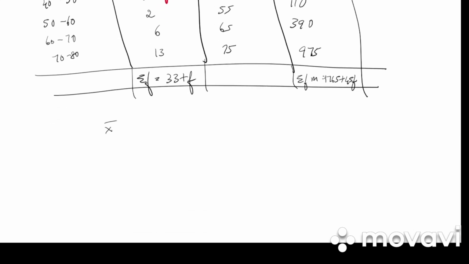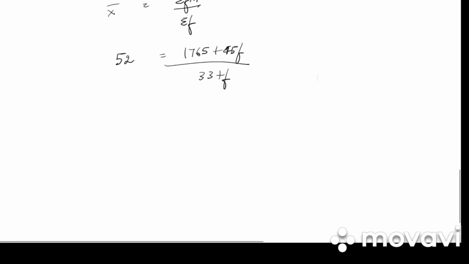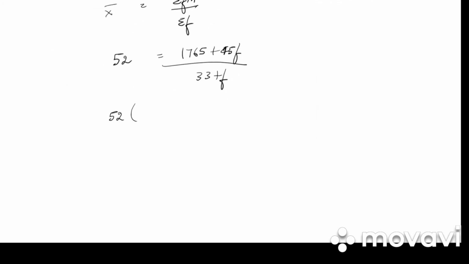So now what is the formula? It is summation fm divided by summation f. We know the mean, it is given in the question, 52. What is summation fm? 1765 plus 45f divided by 33 plus f. So it is 52 into 33 plus f is equal to 1765 plus 45f.